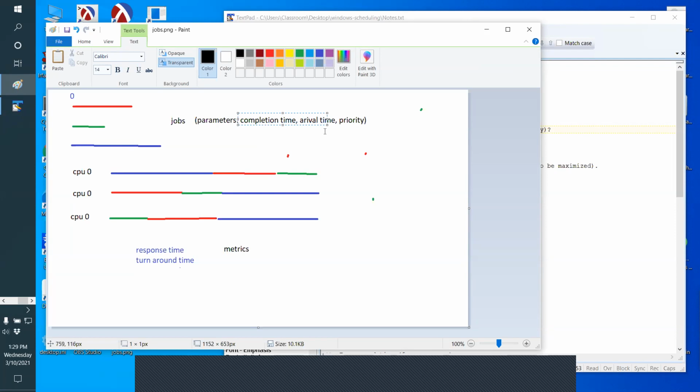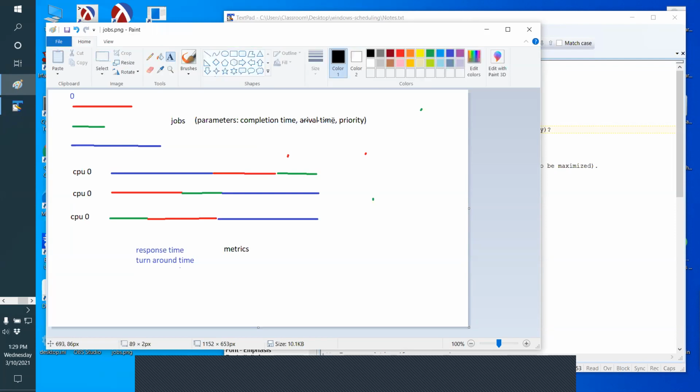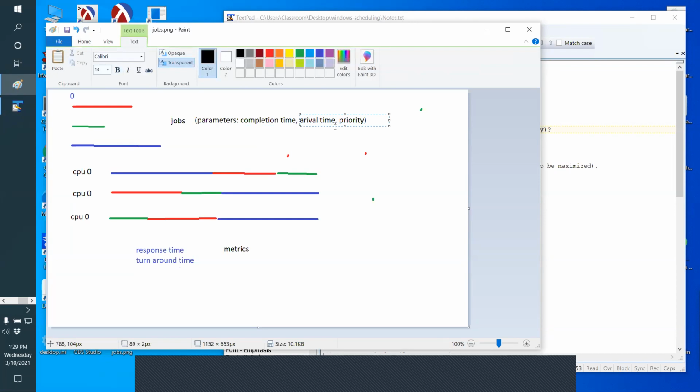You can make an assumption about arrival time. You could assume all the jobs arrive at the same time. An example of that would be scheduling truck drivers at the beginning of a day. You know all the work that needs to be done during the day, and all the deliveries arrived overnight.